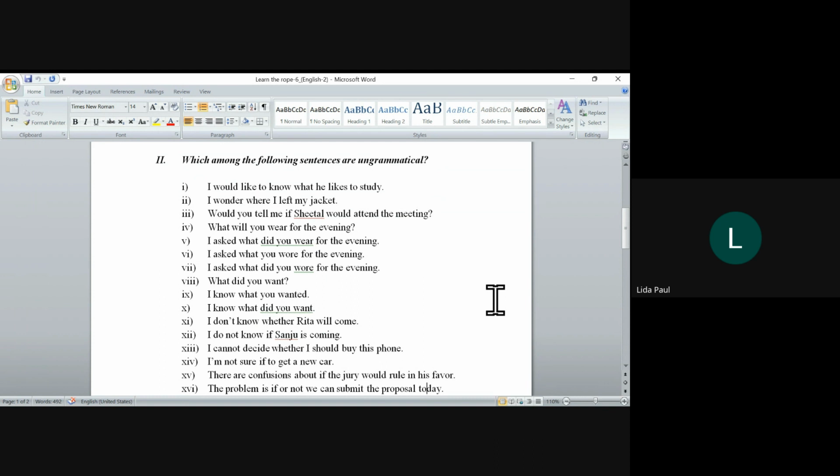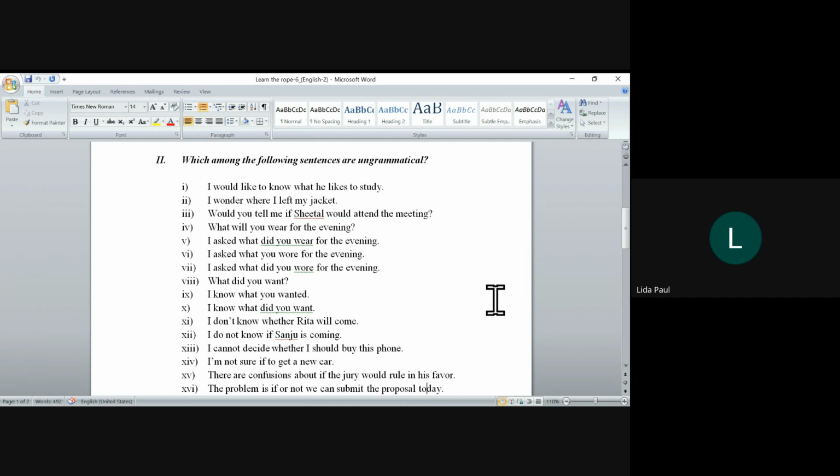If this is how the construction is, then you can use either if or whether. So, would you tell me if Sheetal would attend the meeting is grammatical, and would you tell me whether Sheetal would attend the meeting is also grammatical. You can use both if and whether complementizers if what follows is a full, complete, independent clause.